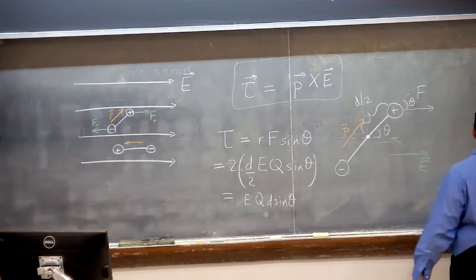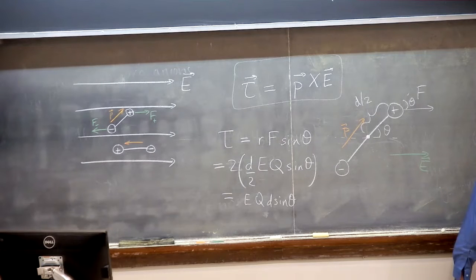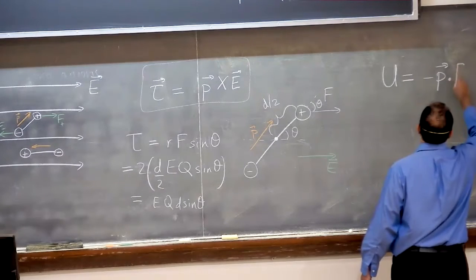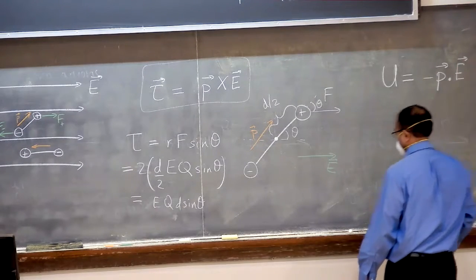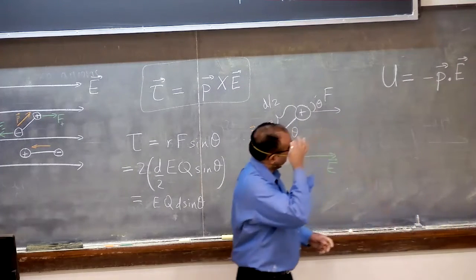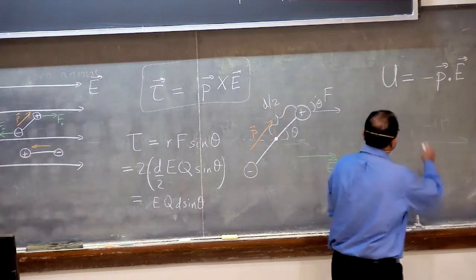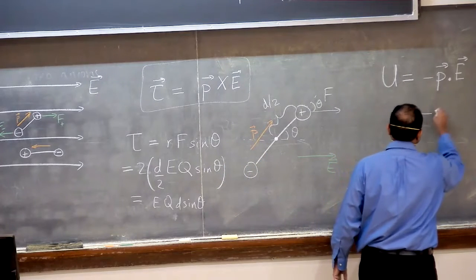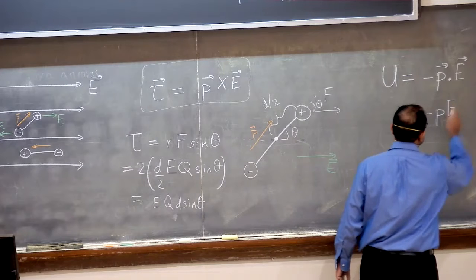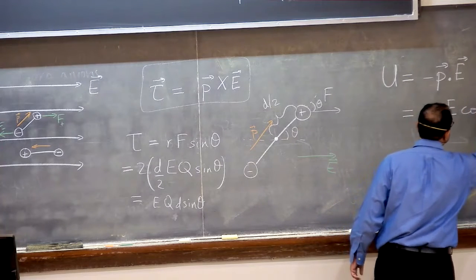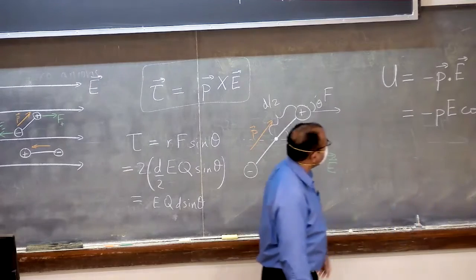So U is equal to minus P dot E, which I can expand as minus magnitude of P, magnitude of E, cosine theta.